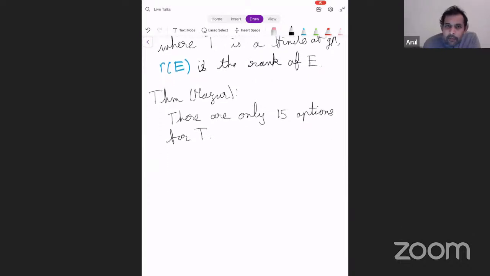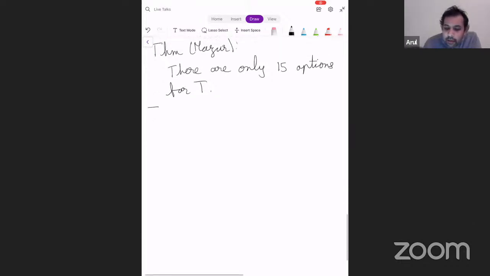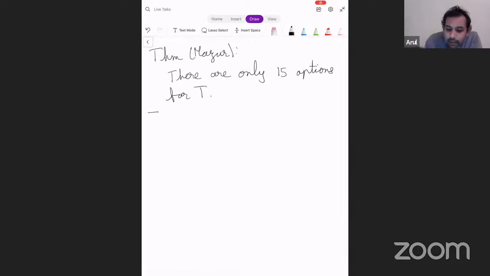And moreover, it's not too difficult to see using the Hilbert irreducibility theorem that the average size of T is just 1. So what that means is that 100% of elliptic curves have T as just the trivial group.